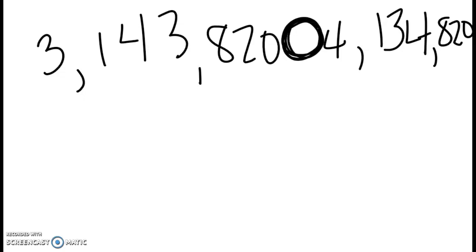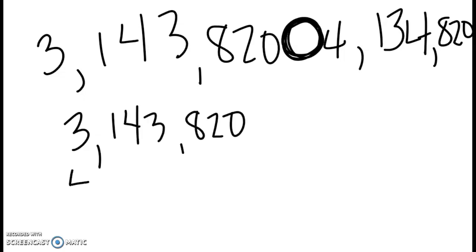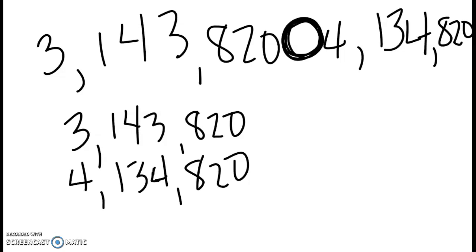So, if I look, 3,143,820 is compared to 4,134,820. Which side do I start from? The left side. Okay? Because 3 million as compared to 4 million, well, 4 million is definitely more. So 3 million is less than 4 million, regardless of what comes afterward.